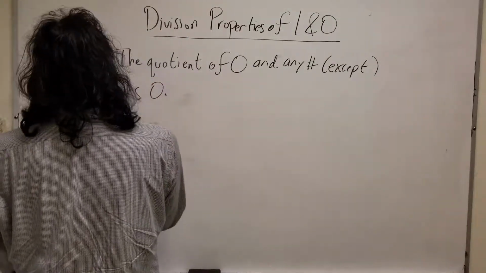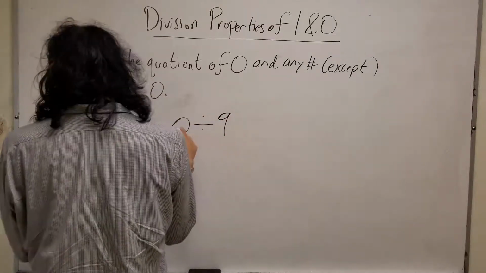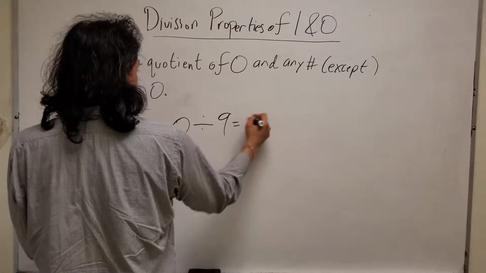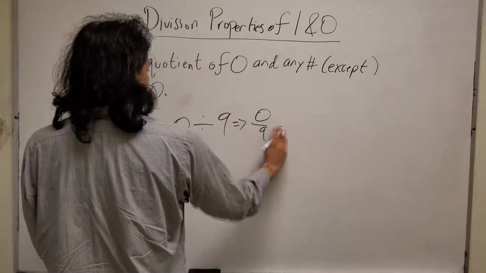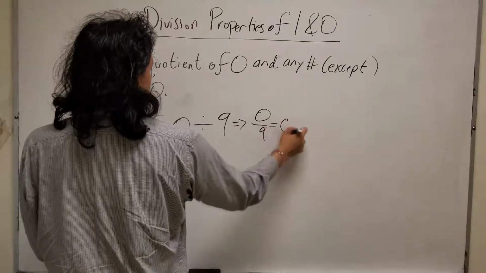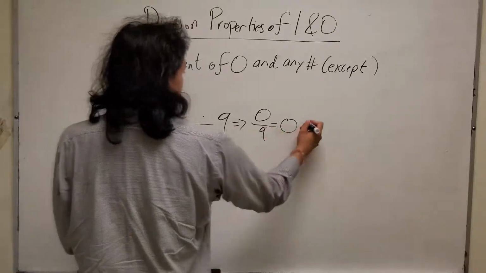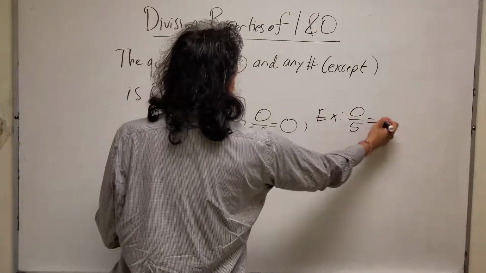So the quotient means the top part. So like I said, this is from left to right. This is the same as 0 over 9, or let's have another example. So these two are the same, so it's going to be 0. And also 0 over 5 is going to be 0.